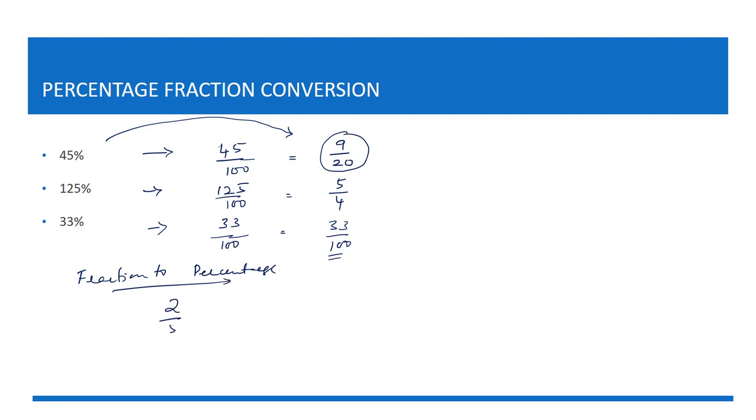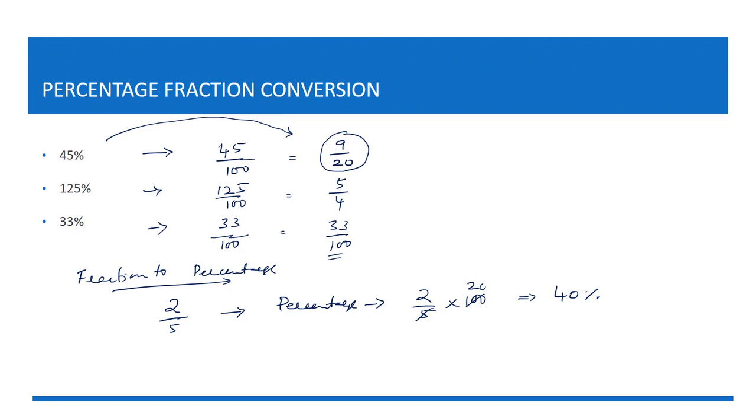2 by 5, you want to convert it into a percentage. What are you going to do? 2 by 5, you are supposed to multiply by 100 to convert it into percentage format, right? So 2 by 5 into 100, which is going to be 5 20s are 100, 20 2s are 40, it is 40%.